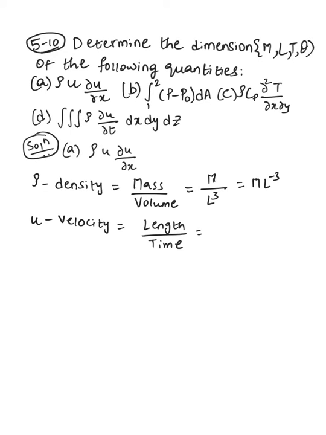Length has a basic dimension L, and time is represented by basic dimension T, which can be called L T power minus 1. In place of dou u by dou x, let's break it into two segments. I'll first find out the value of dou u. Dou u can be called a change in velocity.